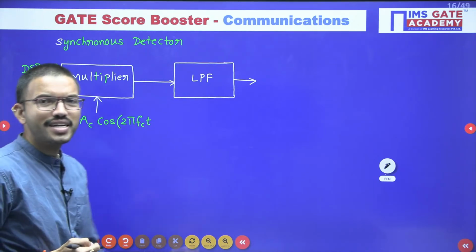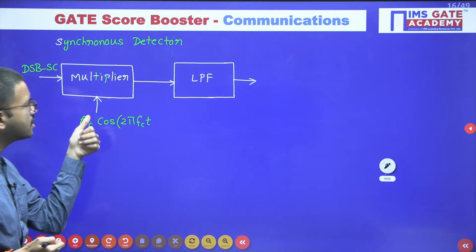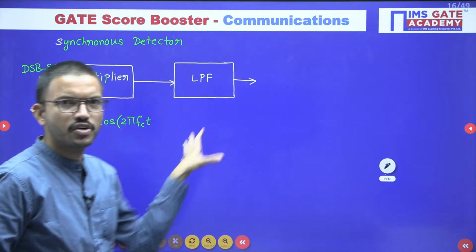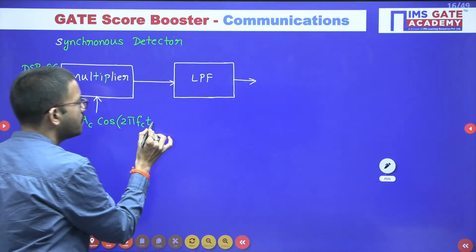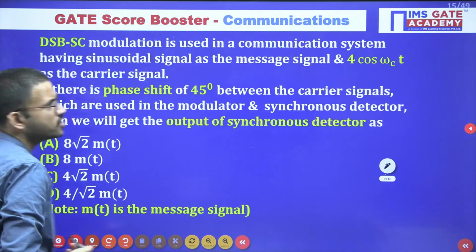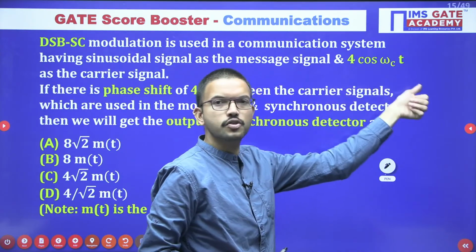But in the question it is mentioned that there is a phase shift between the carrier signal that they have used at the transmitter and that which we are using at the receiver or in the demodulator circuit. So for the timing I am assuming that here there is a phase shift of phi. You can observe here in the modulator they have used the carrier signal as 4 cos 2 pi f ct.